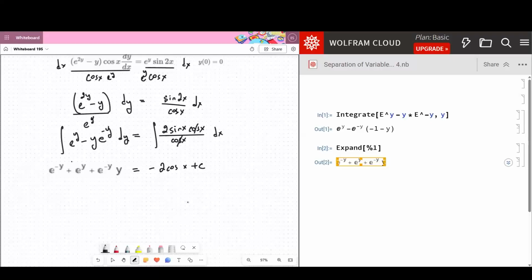All right, so this pretty much completes the implicit solution, right? So we have e to the y plus y e to the -y is equal to -2 cosine of x plus a constant.